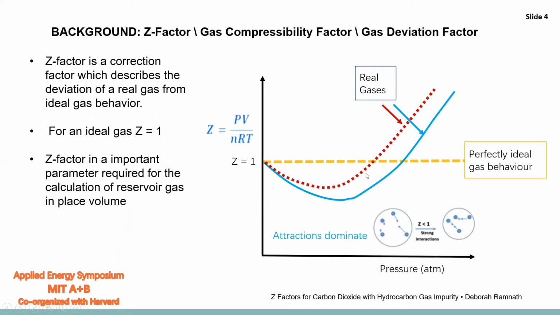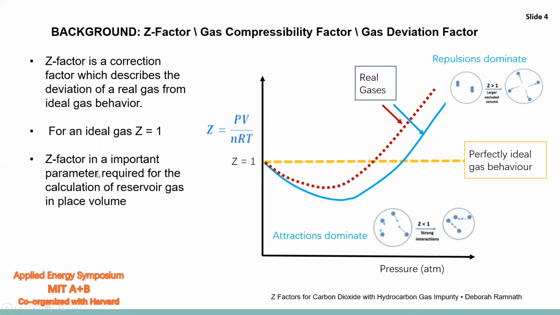As pressures continue to increase, at a certain point, both attractive and repulsive forces are negligible and Z will return to 1. At higher pressures, repulsive forces dominate, causing Z to be larger than 1. This gives the characteristic curve as seen here.